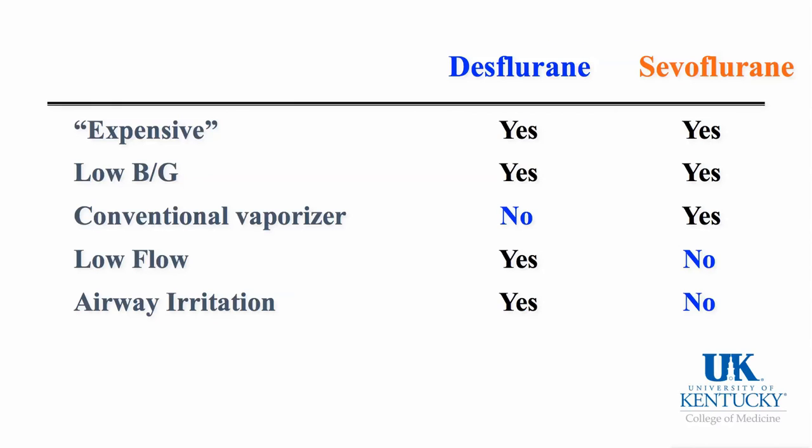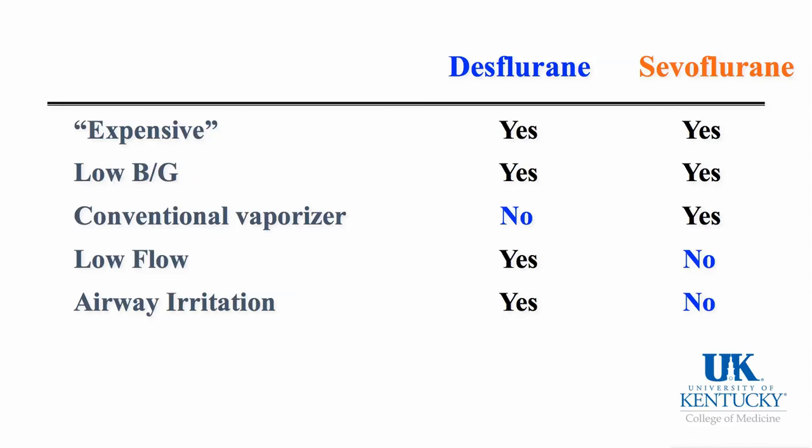If we look at DES and Sevo, our two main used modern anesthetics, they're both relatively expensive. They both have a relatively low blood gas solubility, DES in the 0.4 range, Sevo in the 0.6 range. DES cannot use a conventional vaporizer.